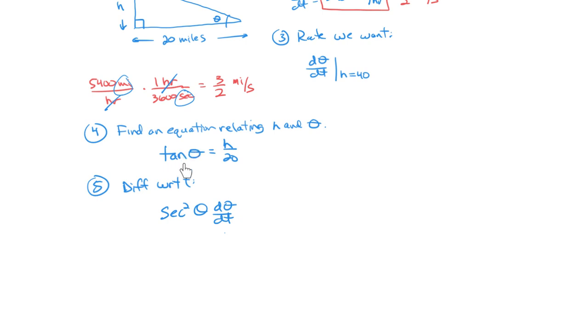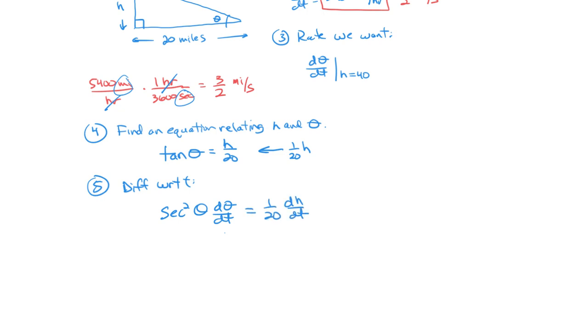So the derivative of tangent theta is secant squared theta, but this theta is not t, so we need d theta dt. And that equals, and remember this h over 20 is 1/20th h, right? So if you think of it like that, the 1/20th is just a constant, so you go 1/20th dh dt.